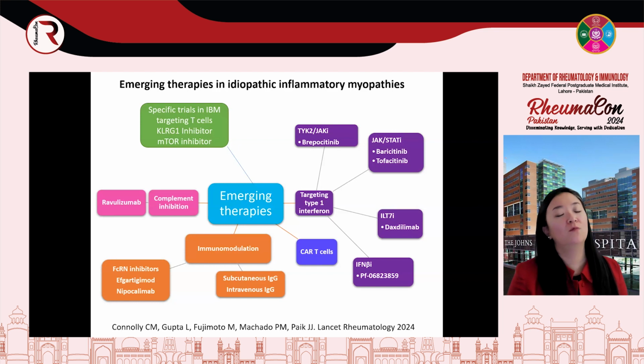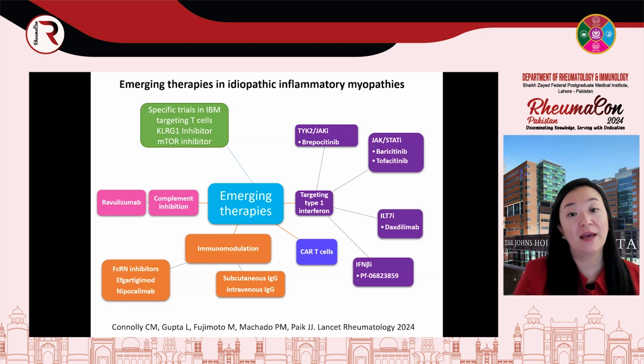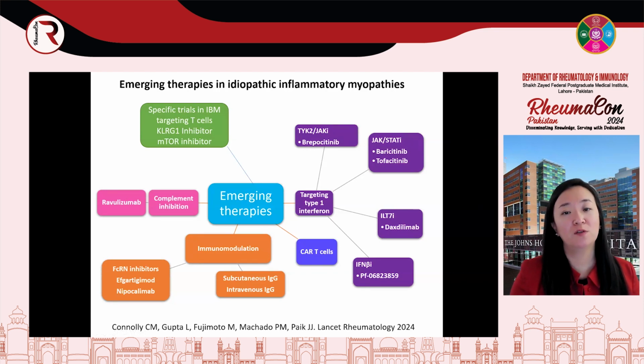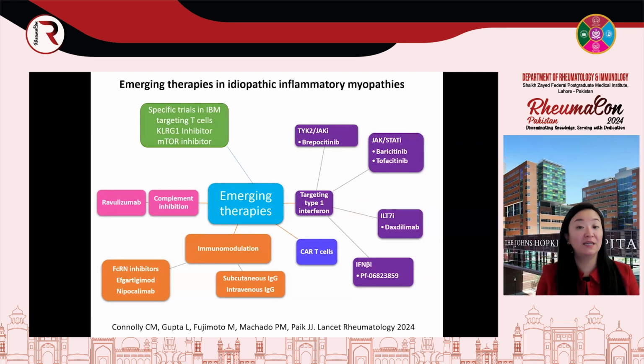And so we will see what the final results are for that. And in green here, don't forget about IBM, which targets those specific T cells, the KLRG1 inhibitor. So we will hopefully see what is going on in these different subgroups of myositis and the significant number of promising treatments in myositis as well.